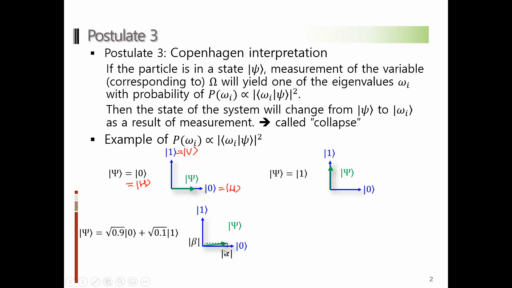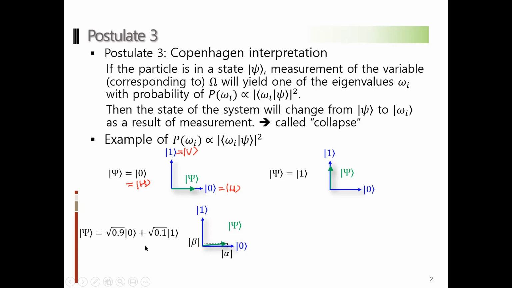If you hear such an argument, you might be a little bit embarrassed. But if you look at the example which I will show you on the next page, it might make more sense, because what we can only measure is either horizontal or vertical. We cannot measure between H or V.